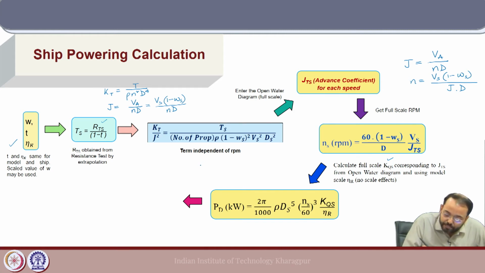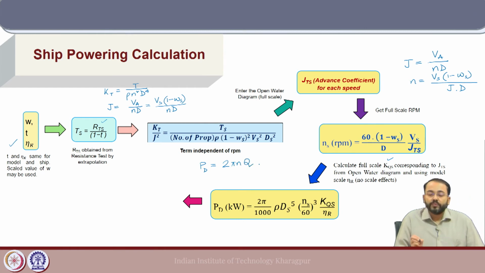So, the delivered power PD is given by 2 pi NQ, where Q is KQ. Now, KQ is KQ in the behind condition.